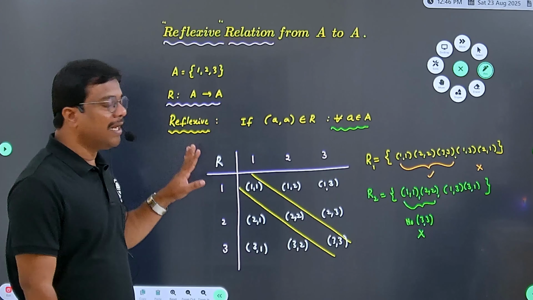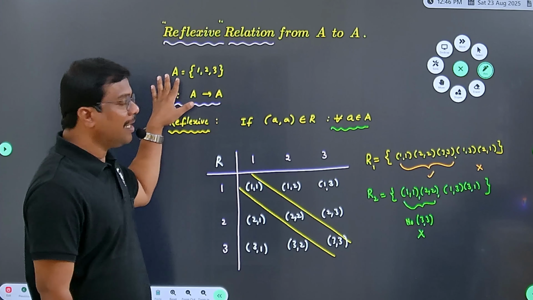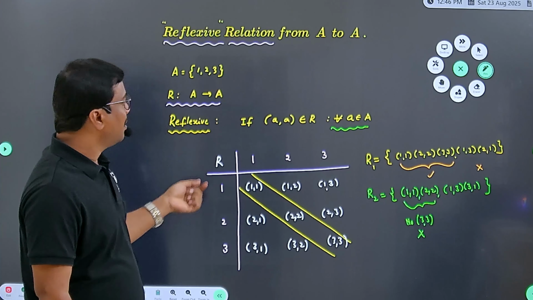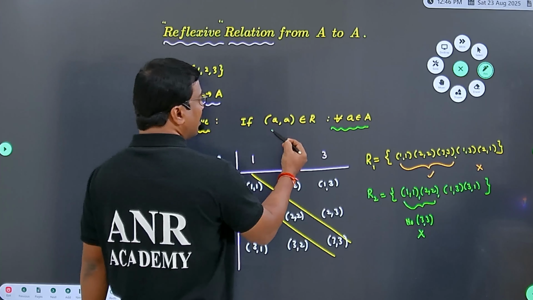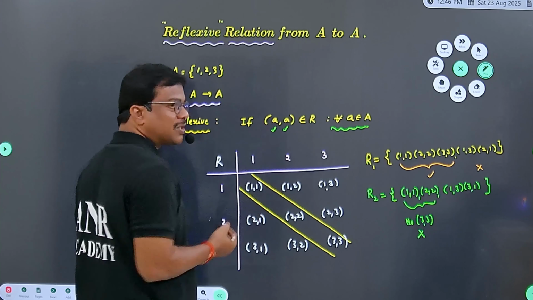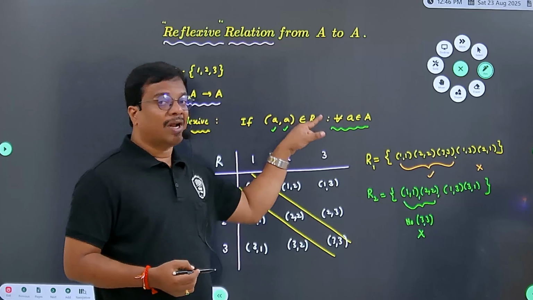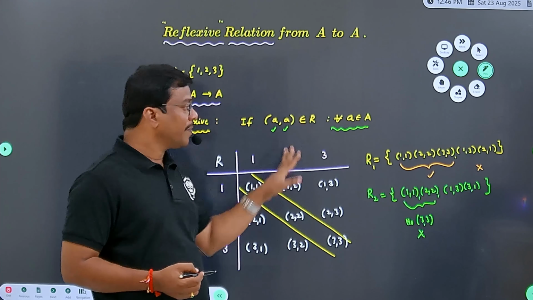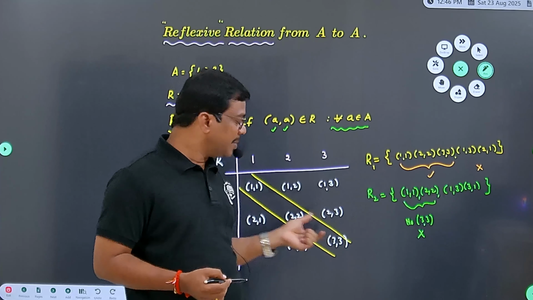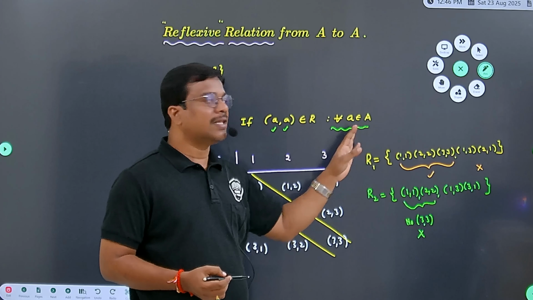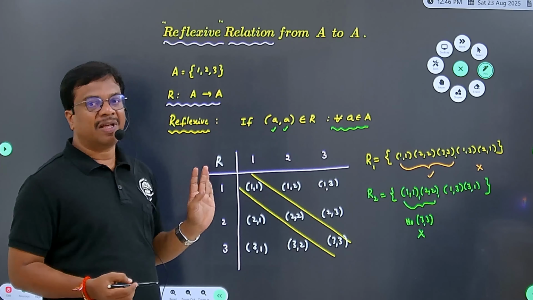So finally, whatever entries we have in the given set, the same number is present in the first coordinate and in the second coordinate, for all the elements. Remember, if all the principal diagonal entries are in the relation, just decide that the relation is reflexive.